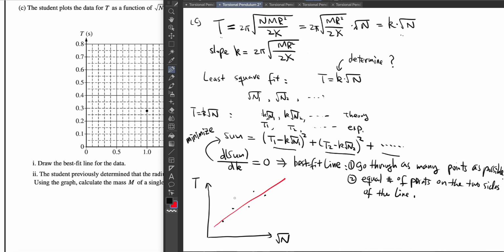So that's equal distribution, and give me a second, I'll try to find the answer in my app.